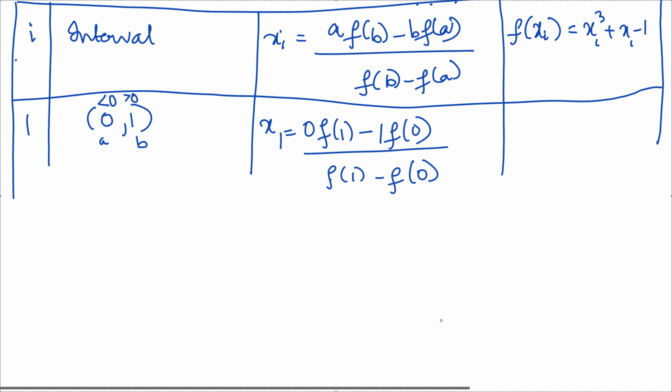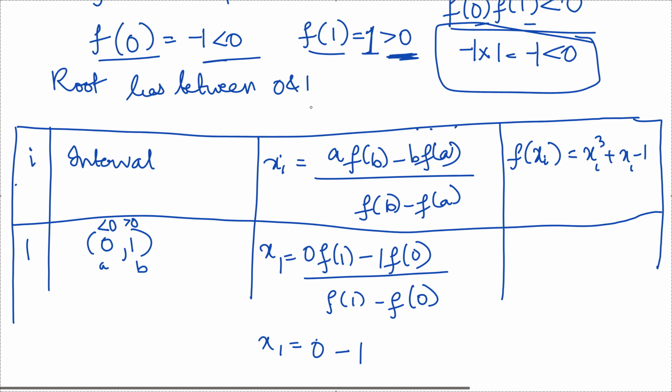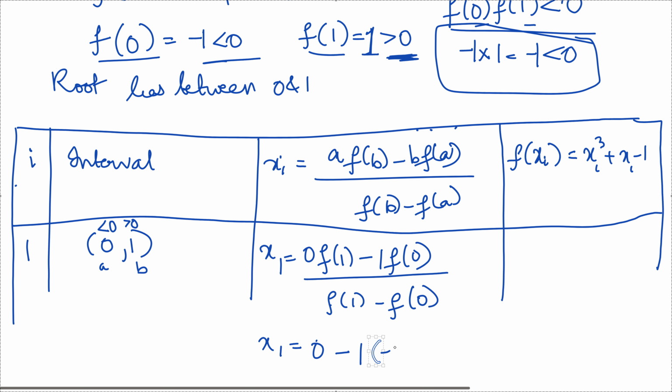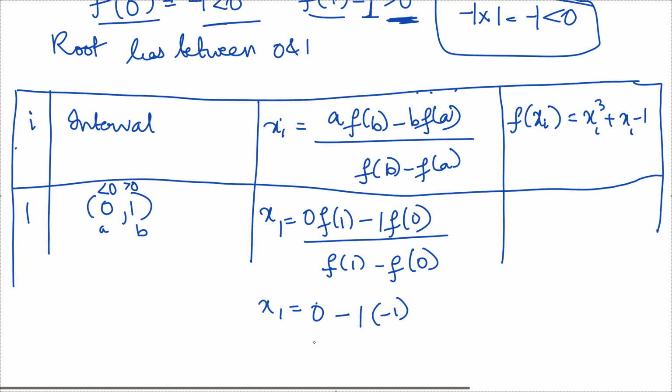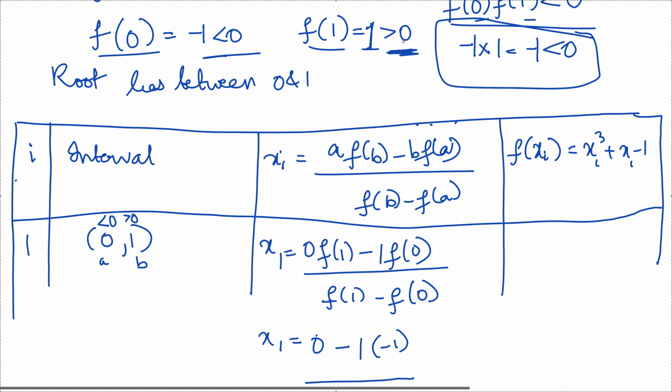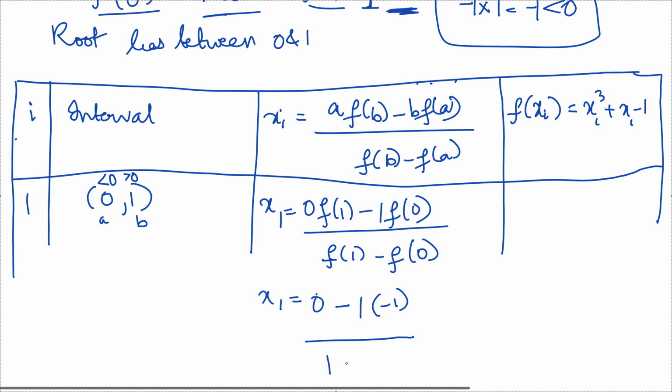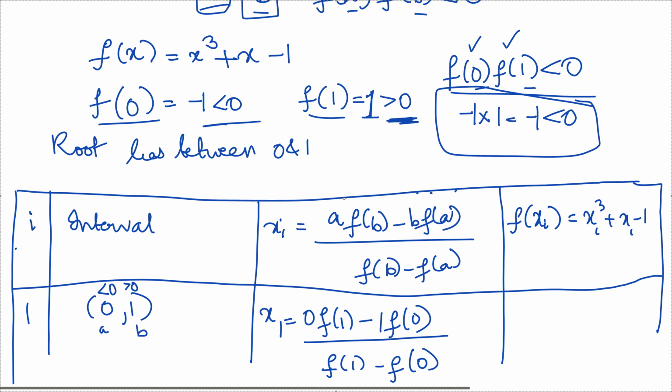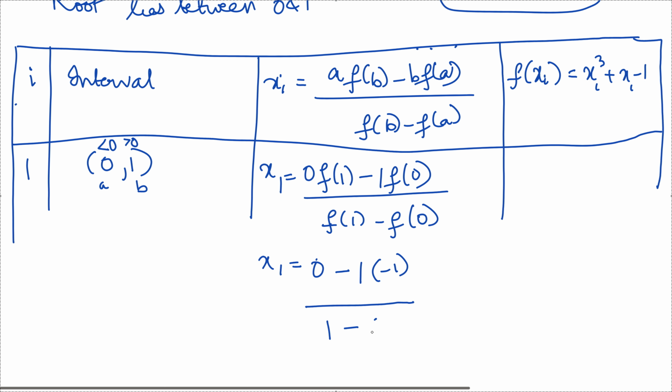So x1 is equal to 0 into f of 1, which is 0, minus 1 into f of 0, which is minus 1, so it's minus 1 times minus 1, divided by f of 1, which is nothing but 1, minus f of 0, which is minus 1.